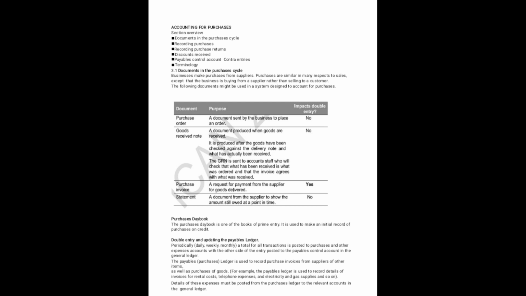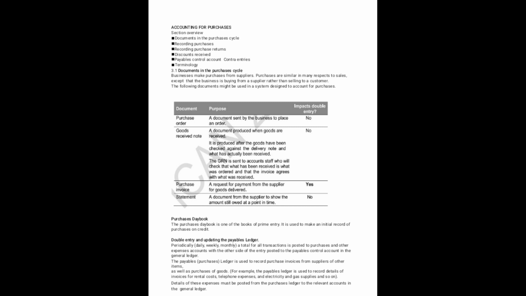We also have what we call the purchases daybook. The purchases daybook is one of the books of prime entry. It is used to make an initial record of purchases on credit. Then comes the double entry and updating the purchases ledger periodically, daily, weekly or monthly.